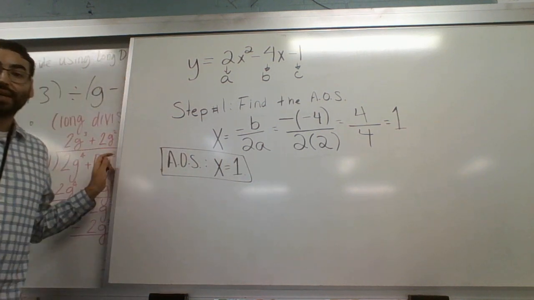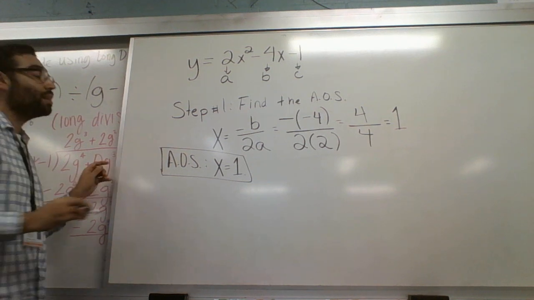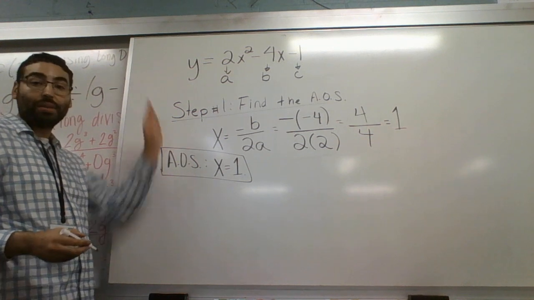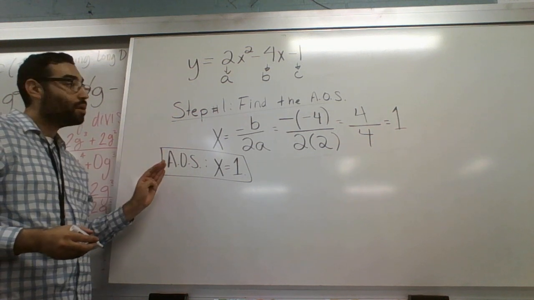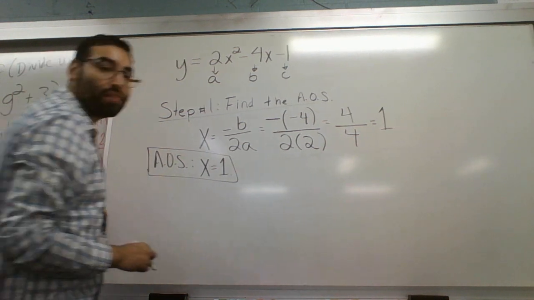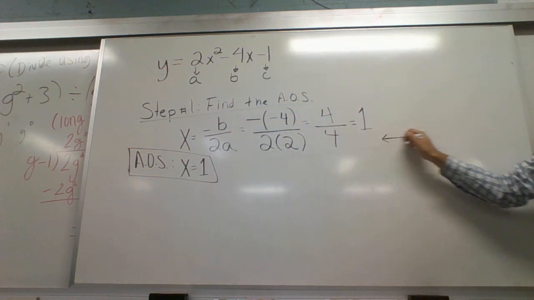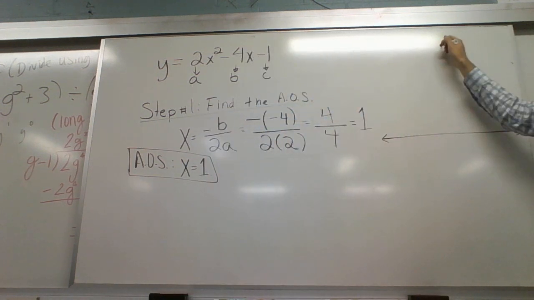Now we're going to go to the second step. I know where the middle is, right? My axis of symmetry is the middle of this parabola. So actually, why don't we just go ahead and graph it off to the side? I can create a quick little graph here on the side.